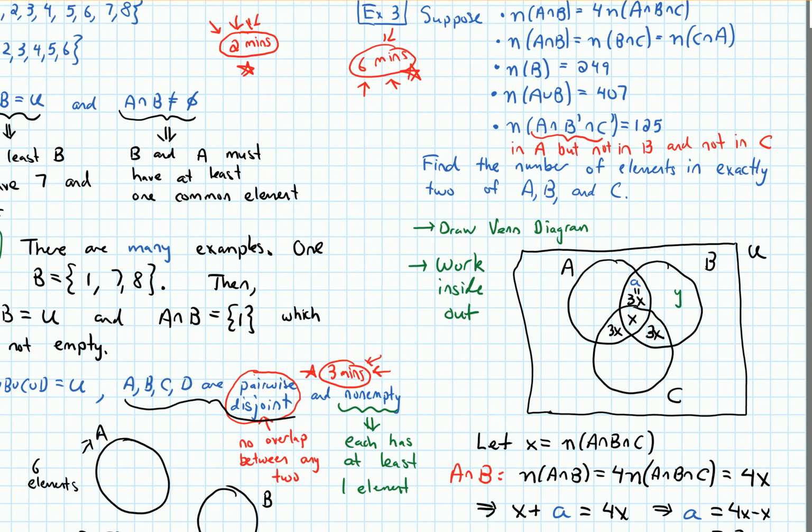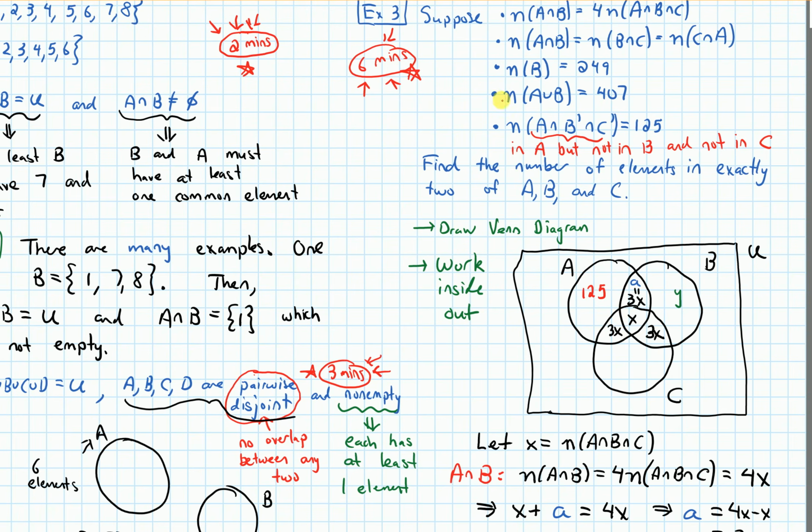So what's the section of this Venn diagram that's in A, but not in B, and also not in C? Well, that is this part over here. This is where the 125 is going to be. So we actually know specifically where the 125 is. It's the part of A that lies outside of B and outside of C. Okay, so that's nice. We got the last condition.